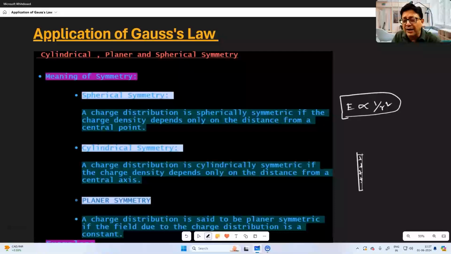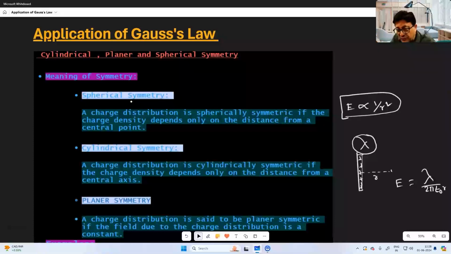If there is an infinitely long line density of charge, then at a distance r, the strength of electric field, as I remember, if lambda is the line density of charge, then E equal to lambda by 2 pi epsilon 0 r. Here also it depends on the distance, but this time distance from the central axis. Central axis case will arise in case of cylinder.